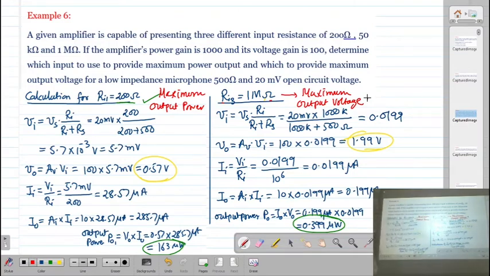So remember, if you want a high voltage gain, then the input resistance should be large. If you want a high power gain, then the input resistance should be as low as possible. This is the conclusion of your example. Okay.